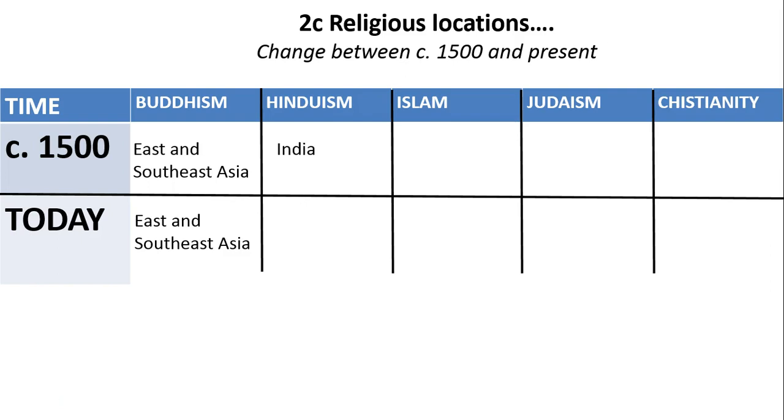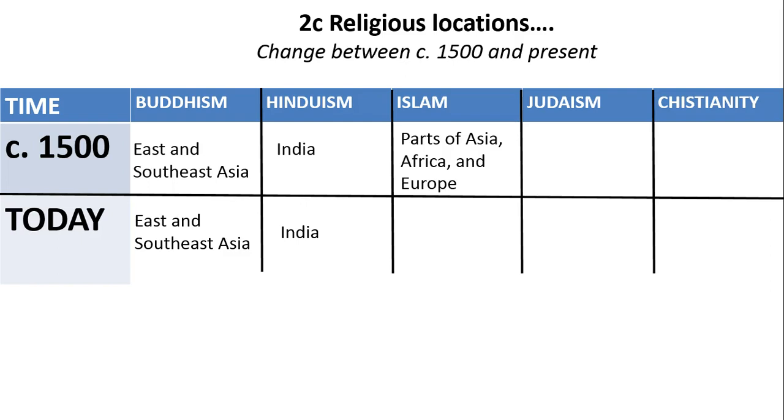Hinduism is really easy. It was in India 500 years ago. Today, it's mostly in India. So that's pretty simple as well. If you can remember those two, Buddhism's in East and Southeast Asia, specifically China, and Hinduism's in India, that makes your job a lot easier in terms of remembering this.